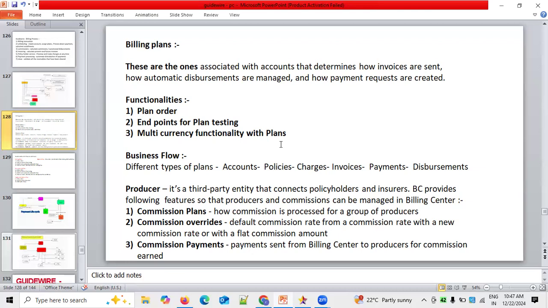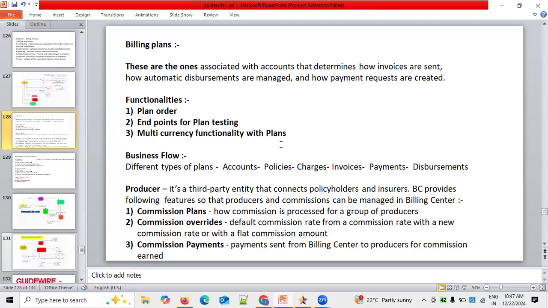So commission plans are nothing but how commission is processed for a group of producers who provide services, and who act as a third party entity between the insurance company and policy holders, right? So either it can be brokers or agents, right?